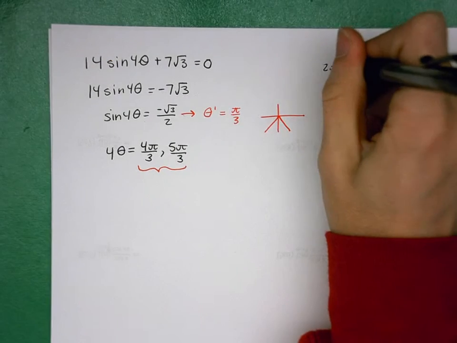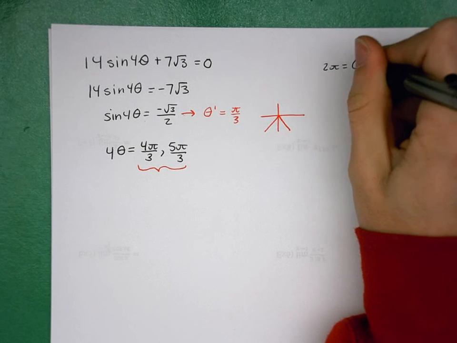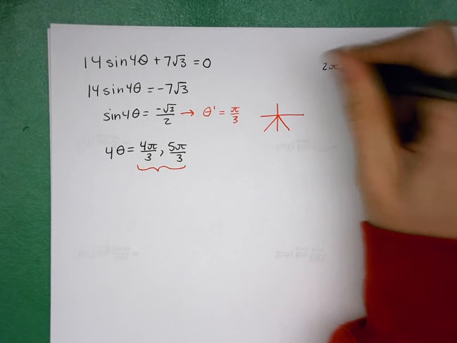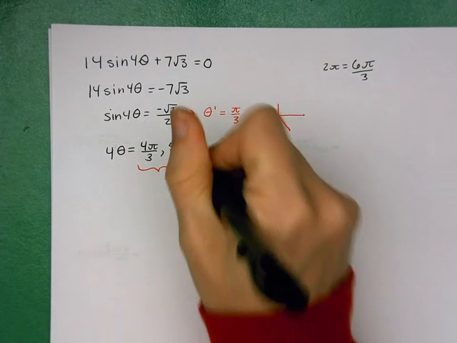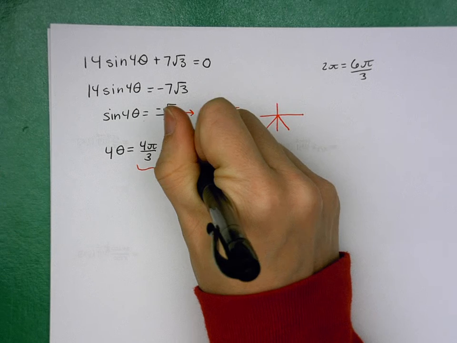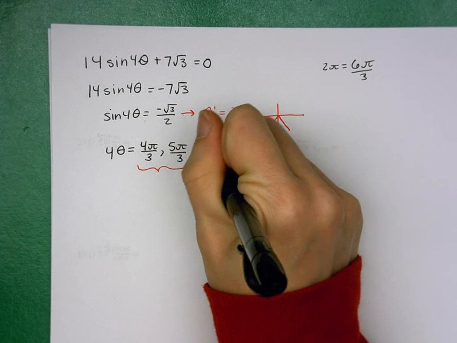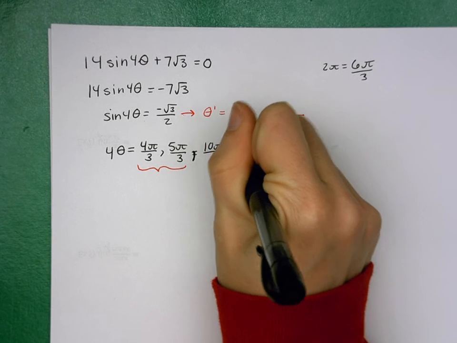2 pi with a denominator of 3 would be 6 pi over 3, right? So I'm adding 6 pi to each of these. So this is adding 6 pi here, 10 pi over 3, and 11 pi over 3. So there's a second rotation.